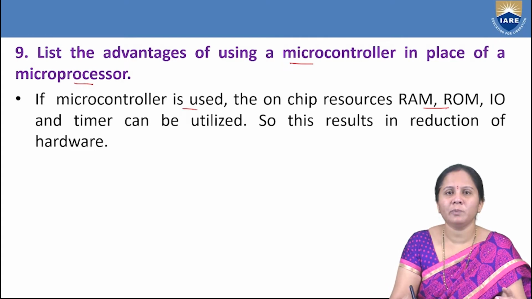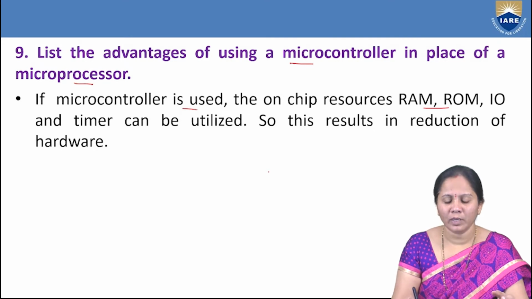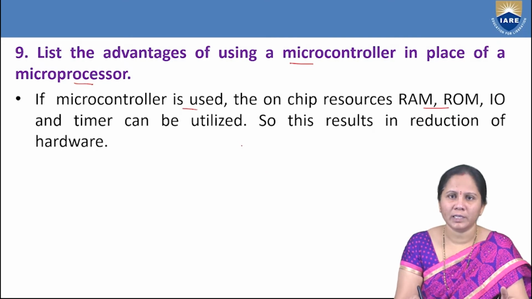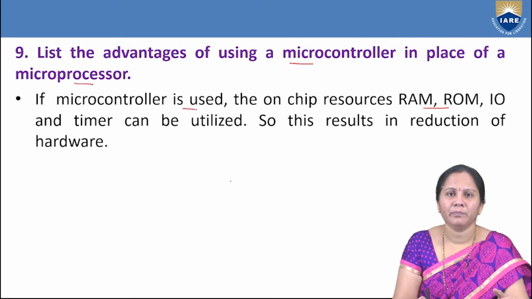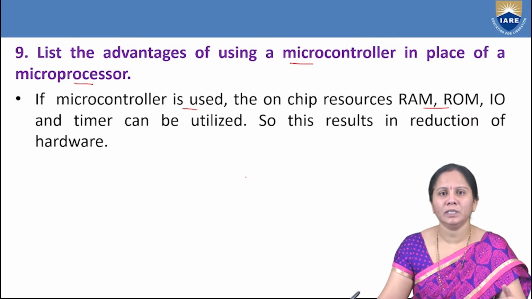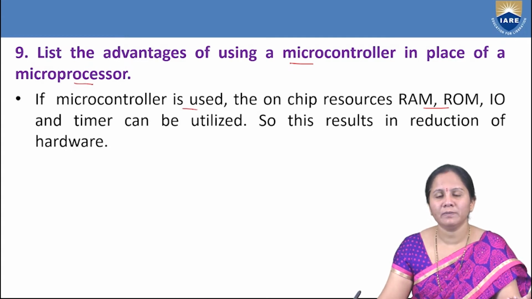All these things are present inside the microcontroller itself. Okay, no need to connect them externally. Because of this reason, there is a reduction of hardware. Because all these are present internally, no need to connect external components. That is why usage of hardware will be reduced.